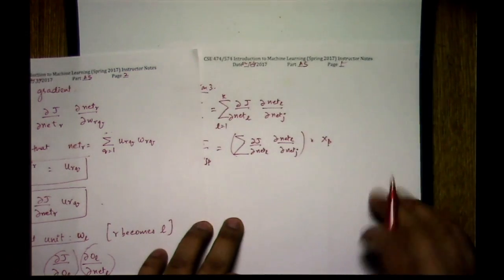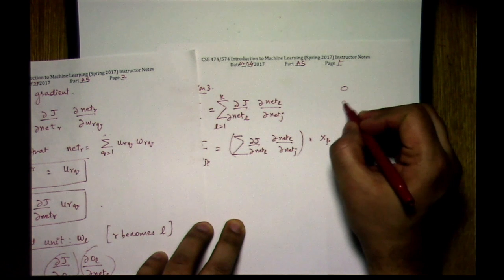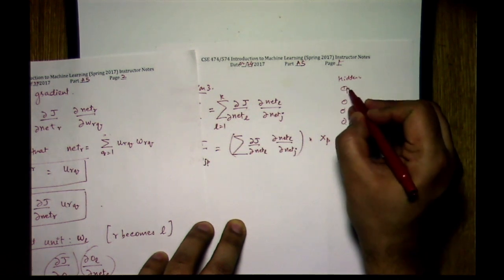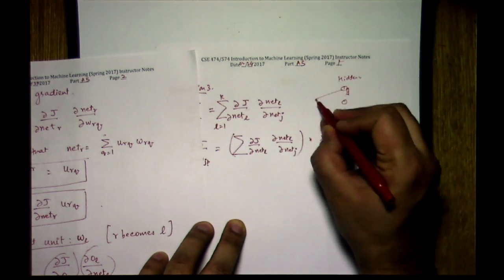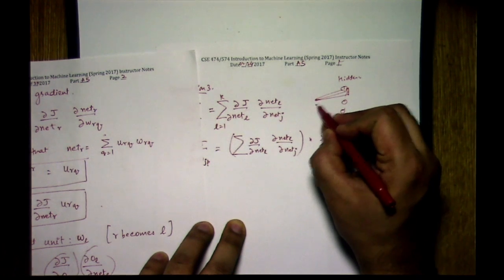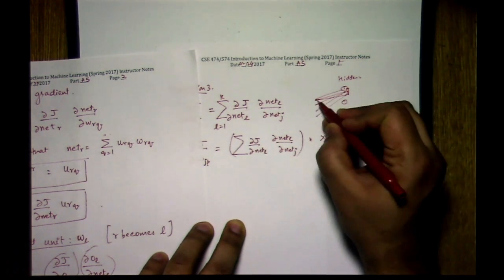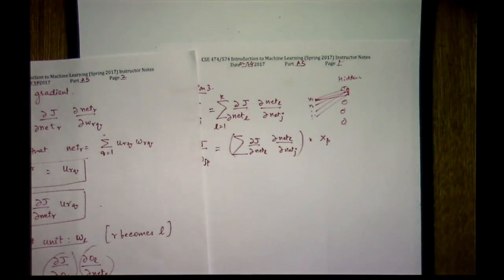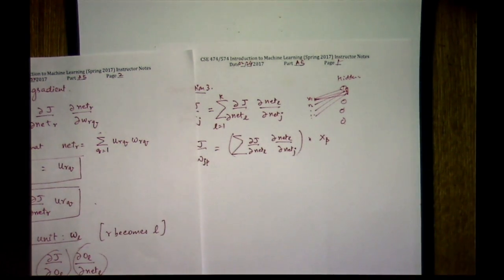So if you remember in our neural network architecture, if these are my hidden units, each one of them has a vector here, and they're all getting x1, x2 through this. So that's the input that is coming to this, that's xp, and that gets multiplied with this whole thing. So let's quickly see how to do that part.